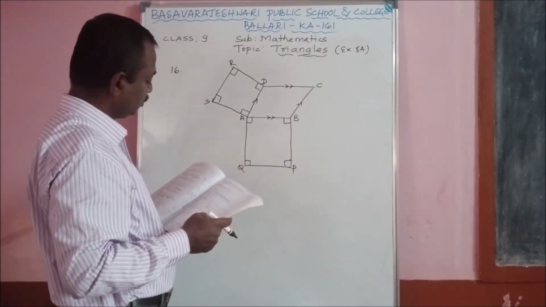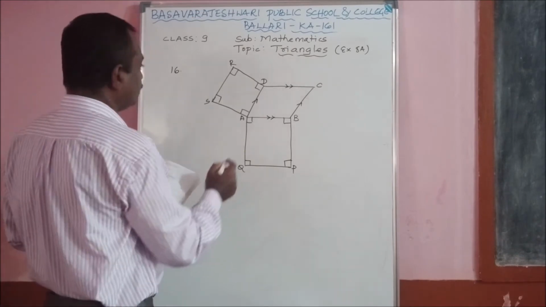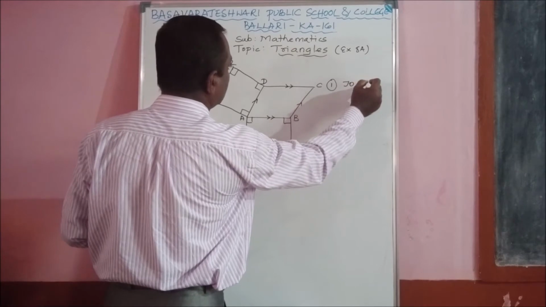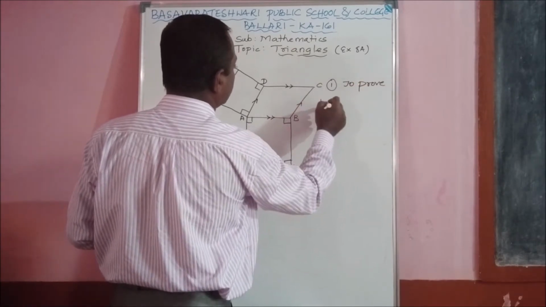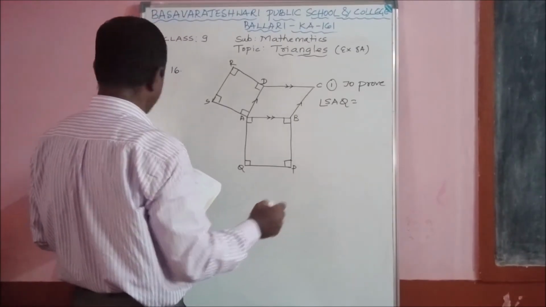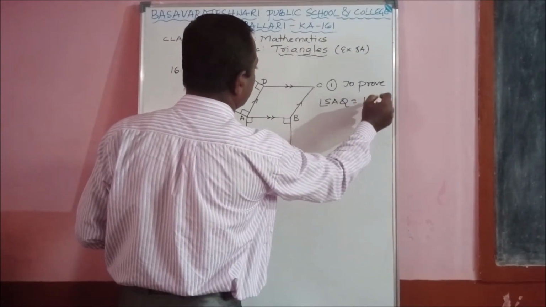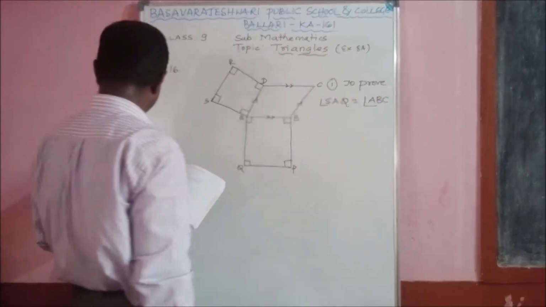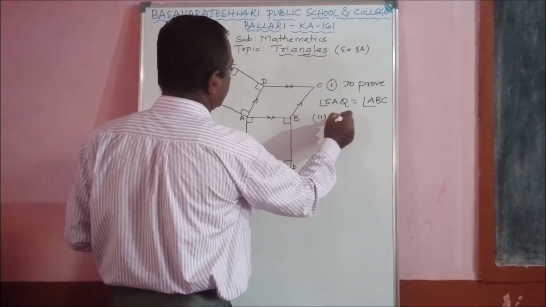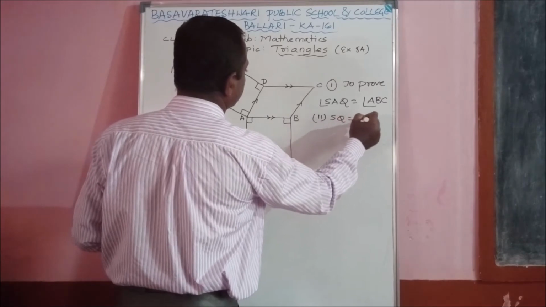Now first we have to prove angle SAQ is equal to angle ABC. Second, SQ is equal to AC.